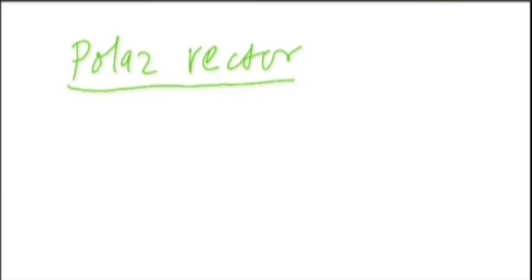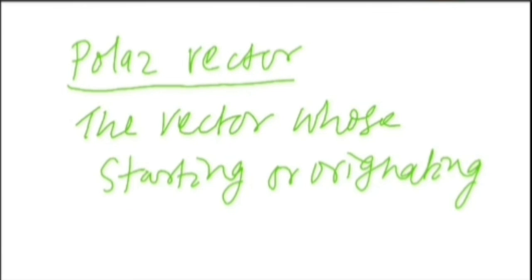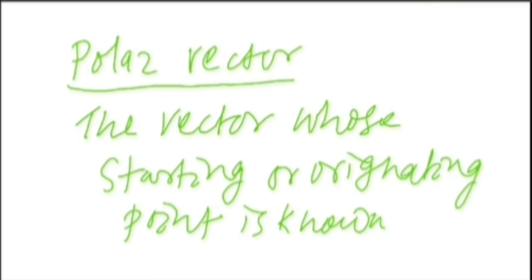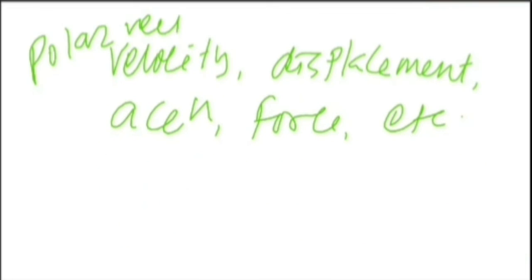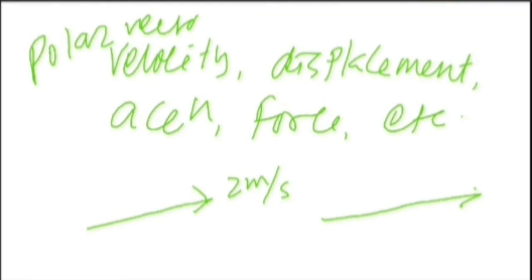Polar vector is defined as the vector whose starting or originating point is known. These are examples of polar vectors. For example, velocity of a particle is given as 2 meter per second and 8 meter per second.